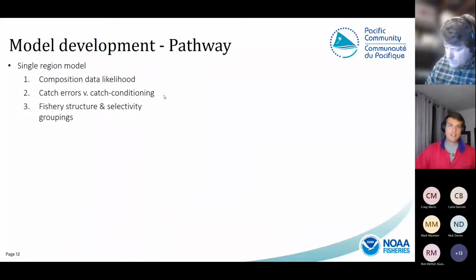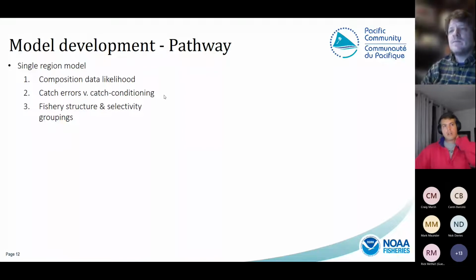So in terms of attacking this spatial simulation project, we started off with the single region model and took a look at the composition data likelihood.